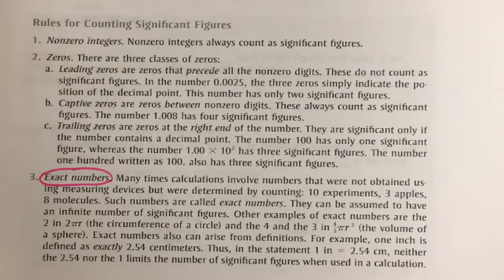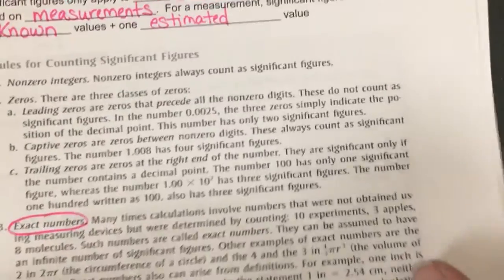I have 32.00000 for infinity students. So exact numbers have an infinite number of significant figures. So we don't use exact numbers to determine significant figures, okay? We're only going to use our measurements to determine significant figures, okay?